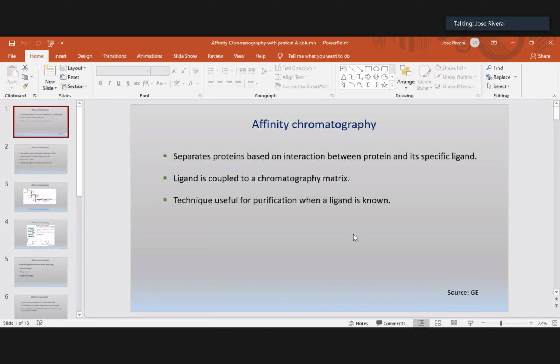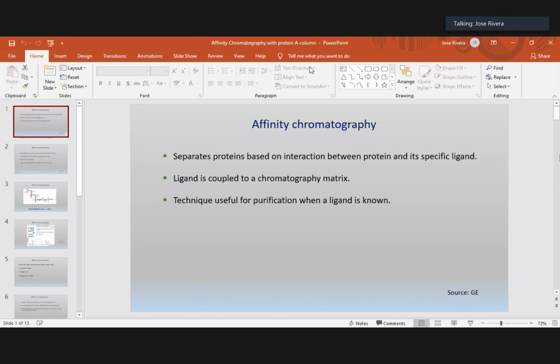So affinity chromatography is basically you have a protein, and then you have a ligand that binds to your protein, and you want to purify your protein. So you have a ligand, it sticks to your protein, and you can use that interaction to purify your protein.